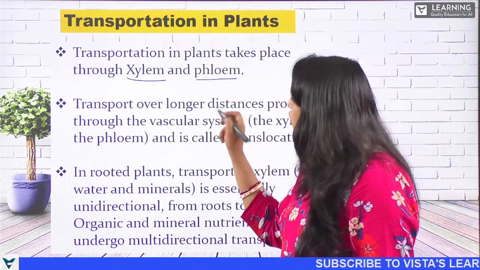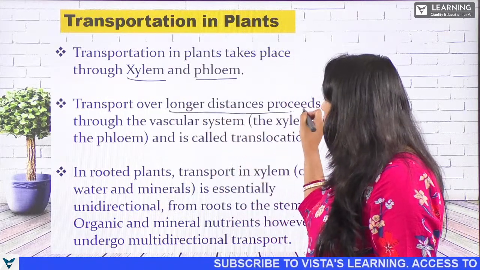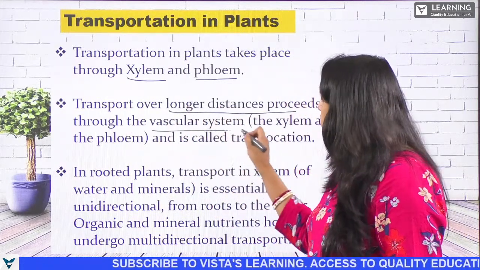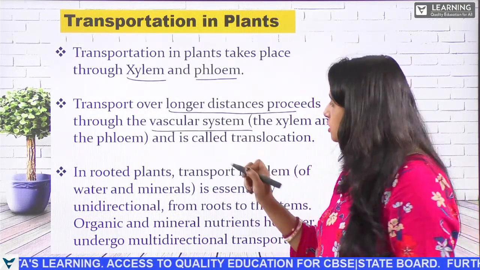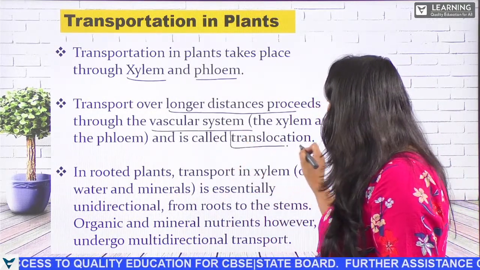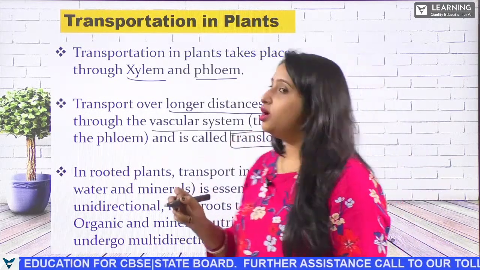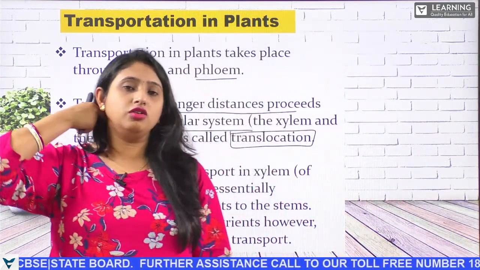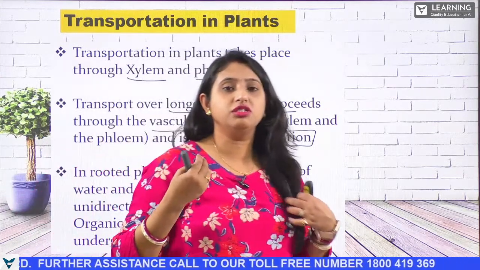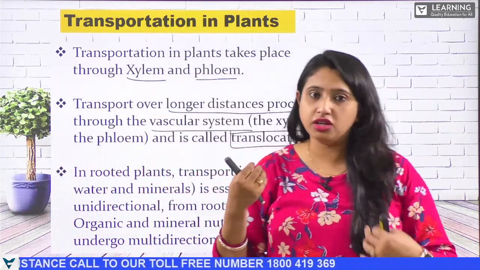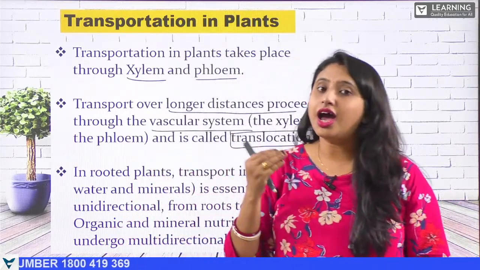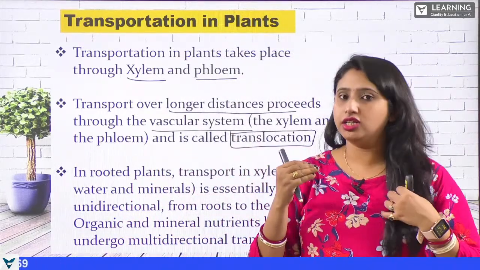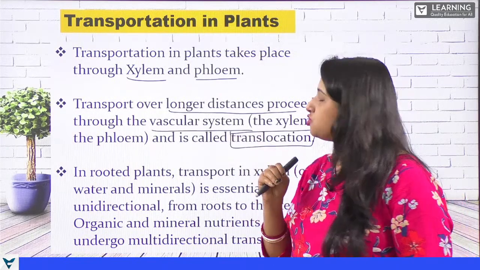Next, transport over a longer distance proceeds through the vascular system, that is the xylem and phloem, and it's called translocation. Translocation means the transfer of food material through the vascular tissues, xylem and phloem. That is called translocation.